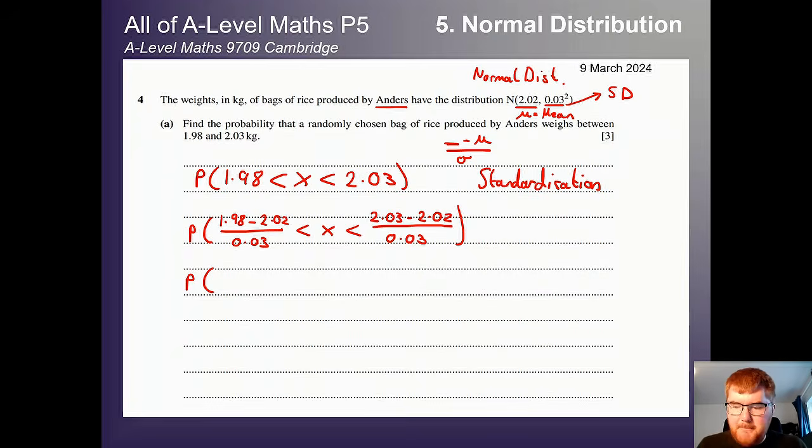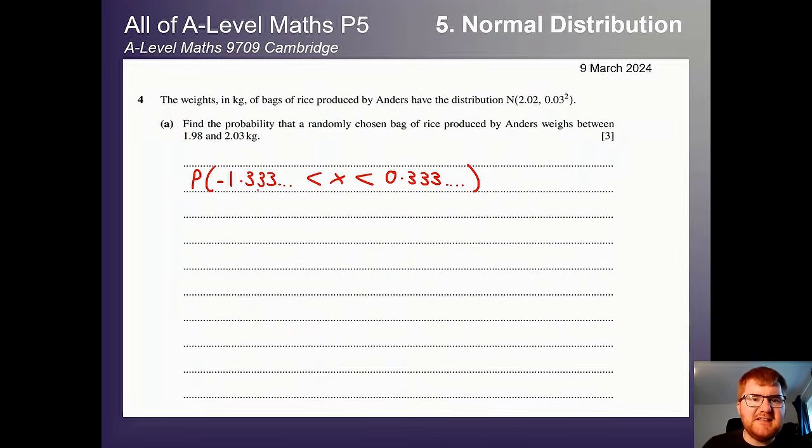That gives us minus 4/3, or as a decimal, minus 1.33 recurring. We do exactly the same to the other side, so 2.03 minus 2.02, then divided by 0.03. That's going to give us 1/3, so that gives us 0.333 recurring.